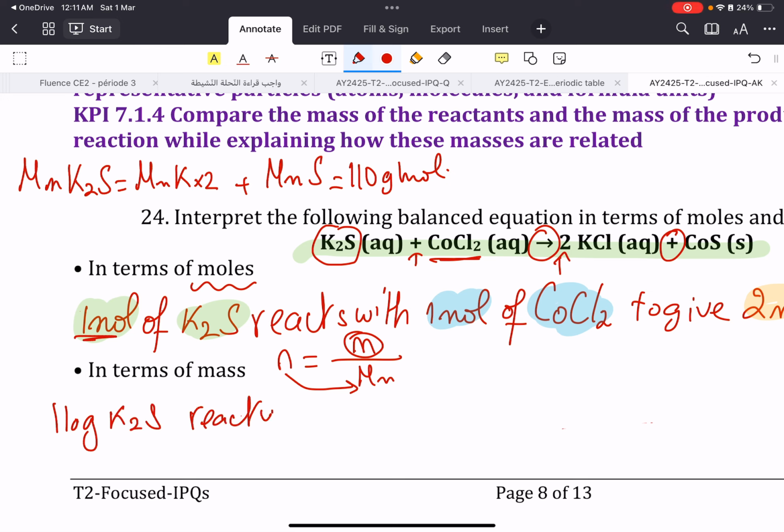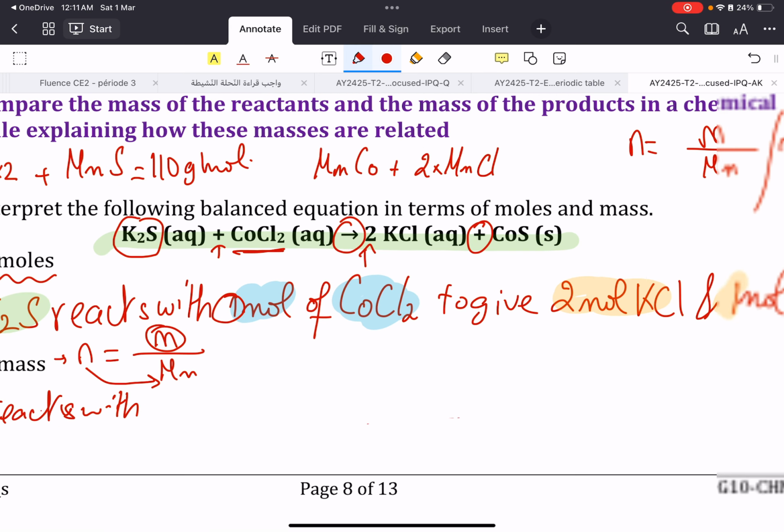Again, reacts with, again I have 1 mole, so I'm going to put here 1 mole, and this time I'm going to multiply by the molar mass of cobalt chloride. And the molar mass of cobalt chloride is the molar mass of cobalt plus twice the molar mass of Cl.